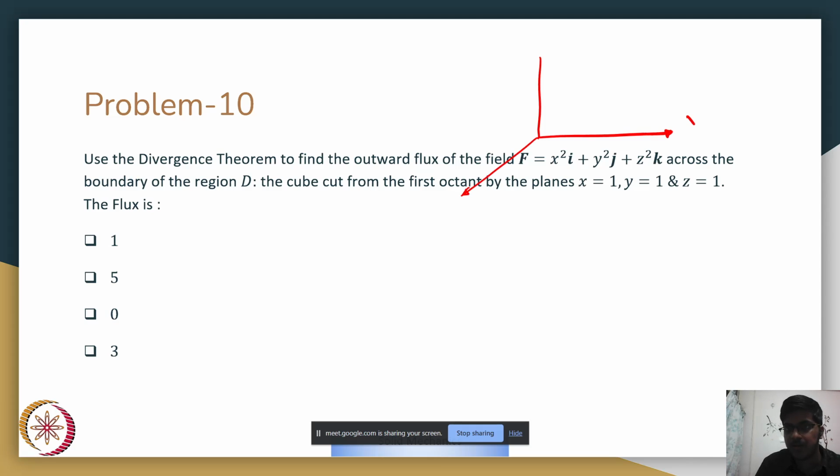So you have x, y, z. This is our first octant. This is how it would look, and we want to calculate the outward flux of F.